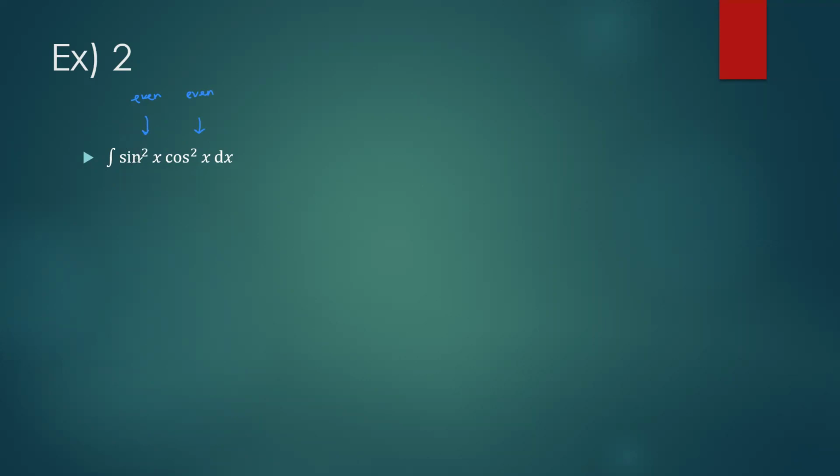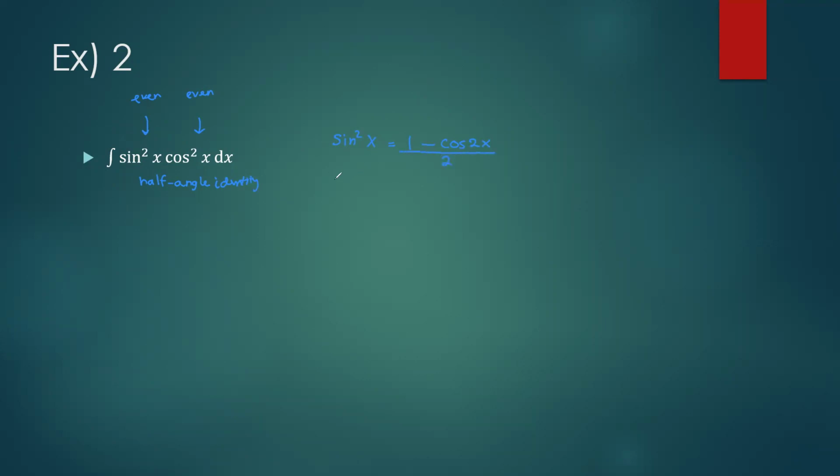And the identity I will use is my half angle identity. Okay, so this should be on the previous lecture slide. So we said that sin square of x is 1 minus cosine of 2x over 2.